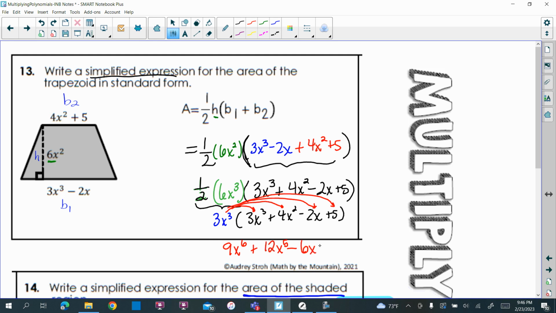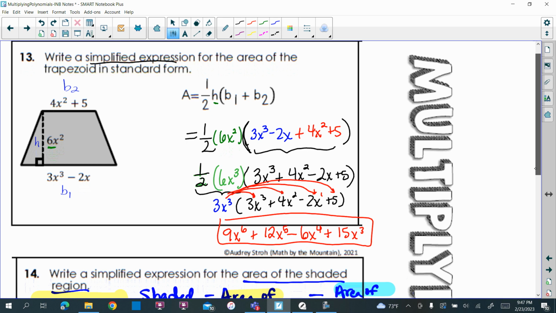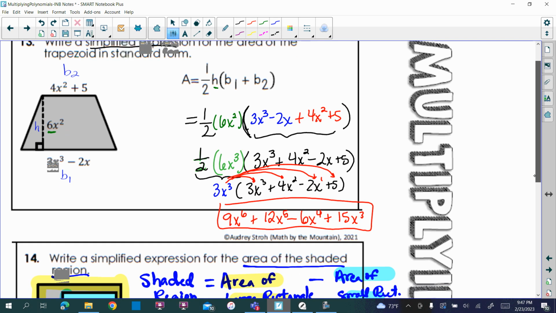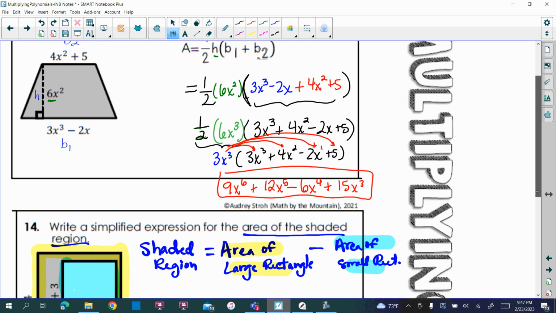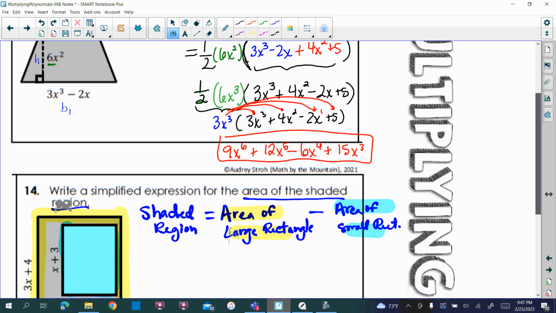And now this is x to the 4th power, because remember it's like an invisible 1 there. 3 plus 1 is 4. And then plus 15x cubed. And then that's our simplified expression for the area. So that is just plugging in, substituting, use parentheses, and then distribute and combining like terms.